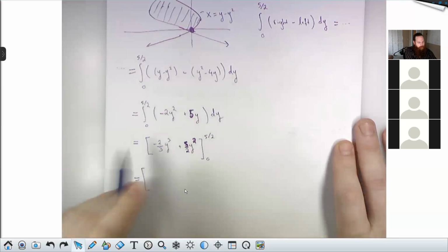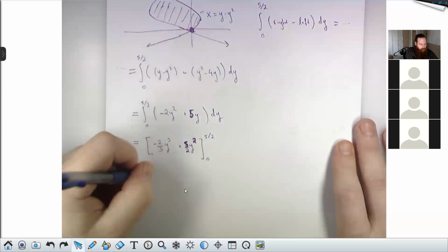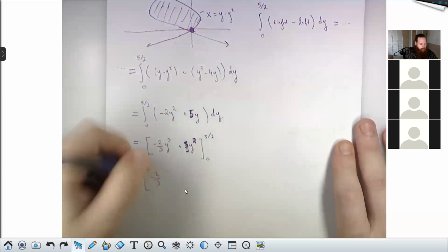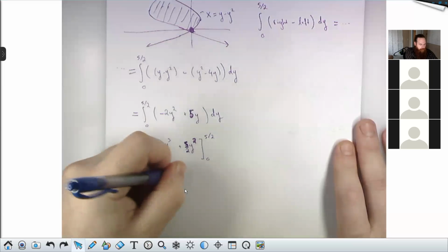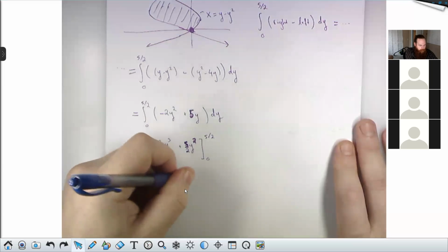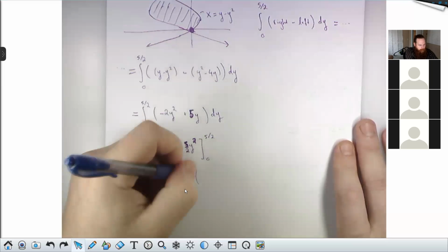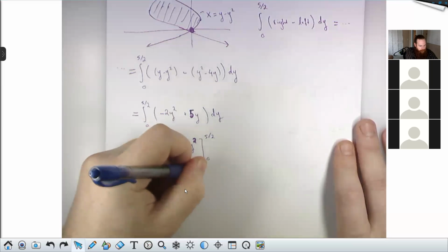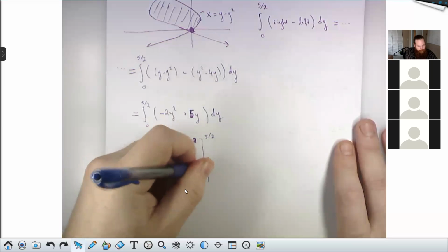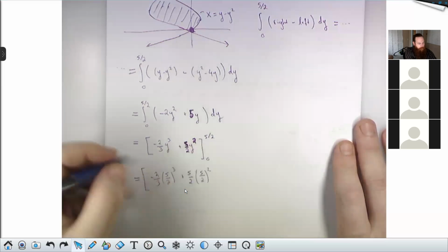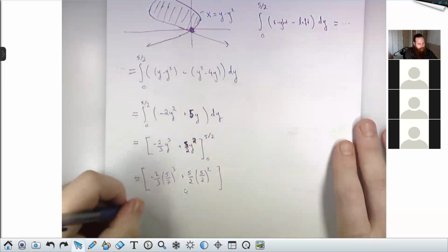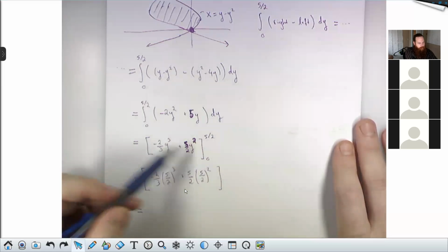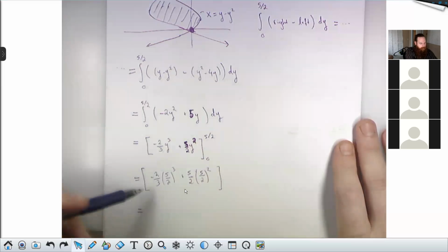So when I evaluate this at 5/2, we'll have negative 2/3 times 5/2 cubed plus 5/2 times 5/2 squared. And when we evaluate at 0, we'll get 0. Plugging 0 in for y into both of these definitely gives 0.